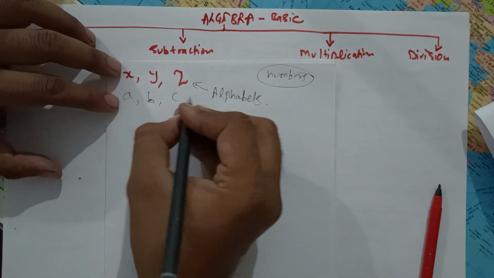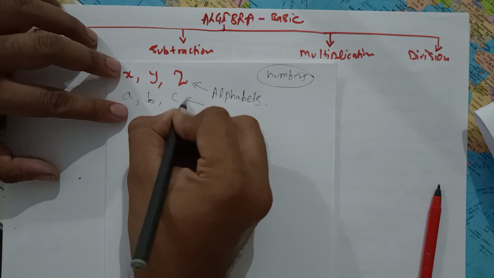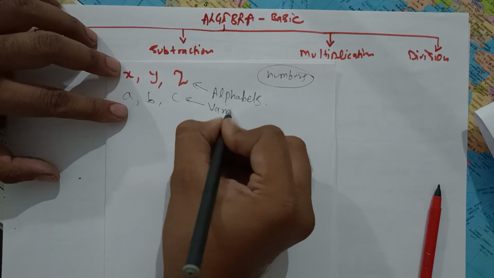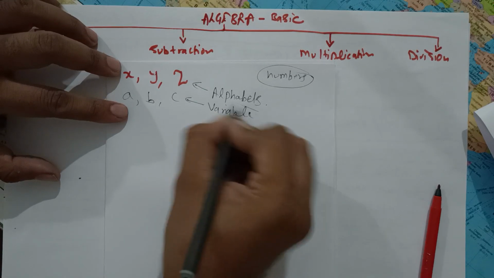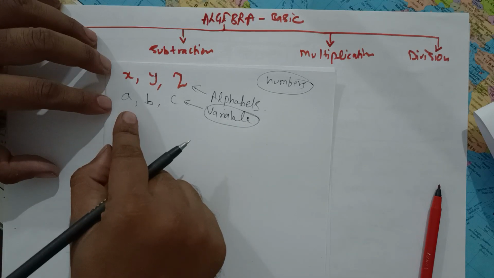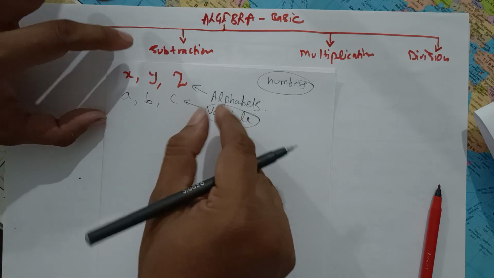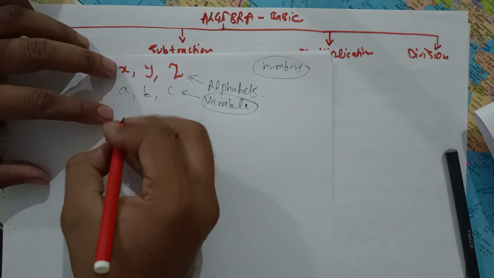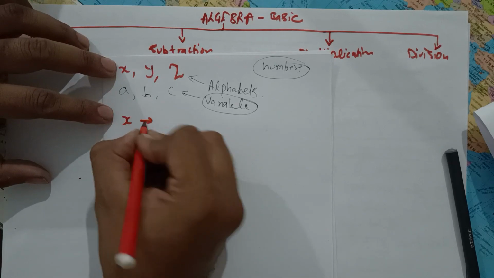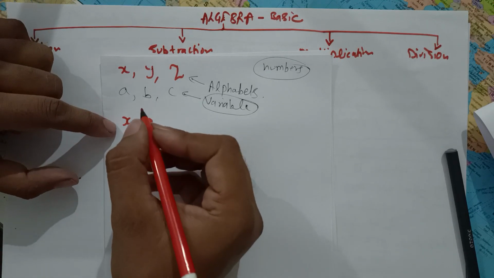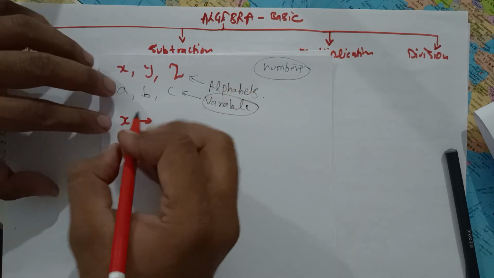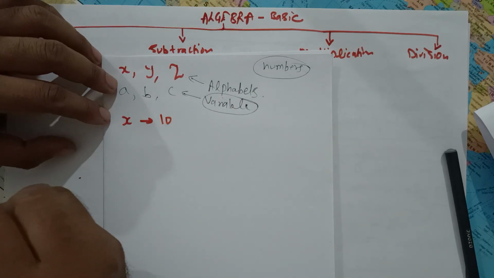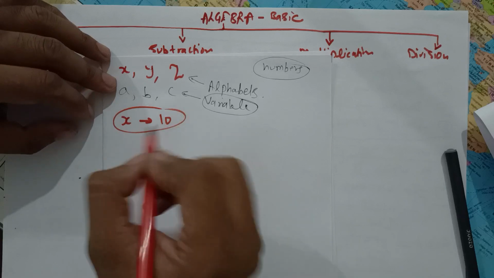This alphabet is called a variable in the technical way. In a variable, any number is hidden. For example, behind the x some number is hidden, say x is 10. This is the concept of algebra.